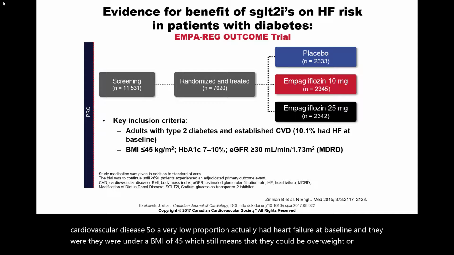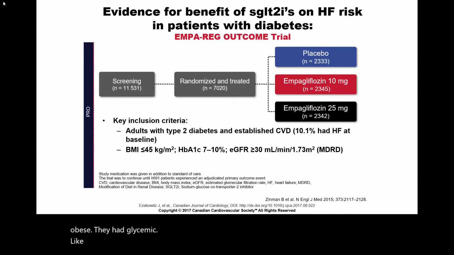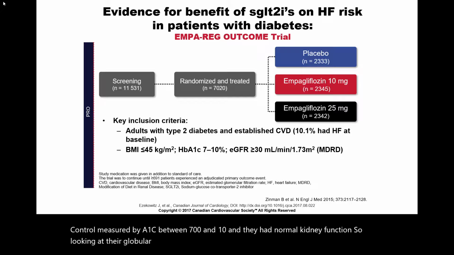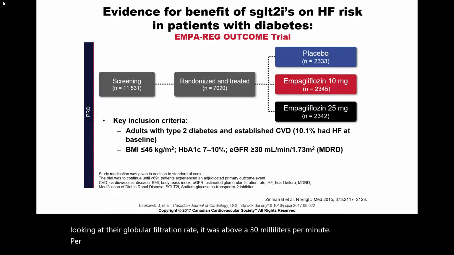They had glycemic control measured by their A1C between 7 and 10%, and they had normal kidney function. So looking at their glomerular filtration rate, it was above 30 milliliters per minute per meter squared.